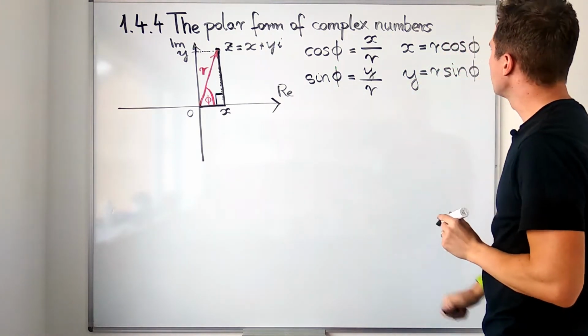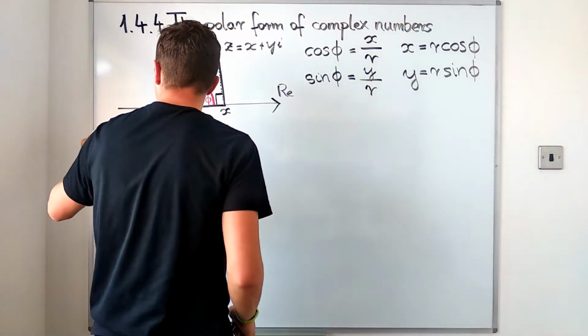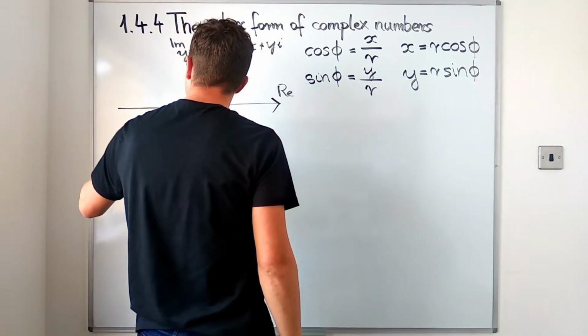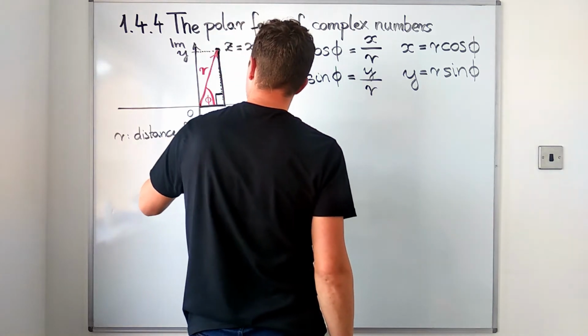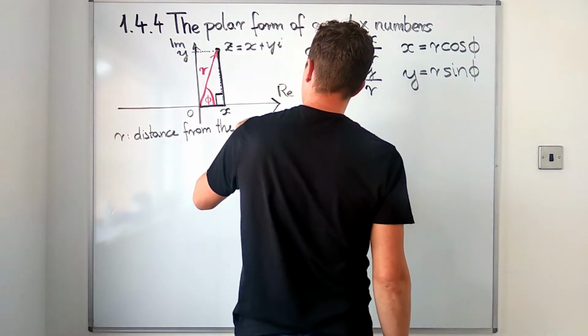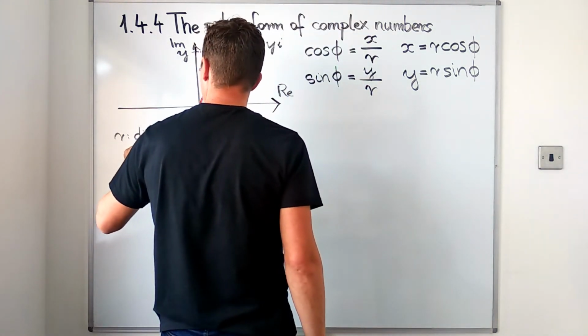Okay, so at this point, let me just summarize quickly what we have done. We have introduced r as the distance from the origin to z.